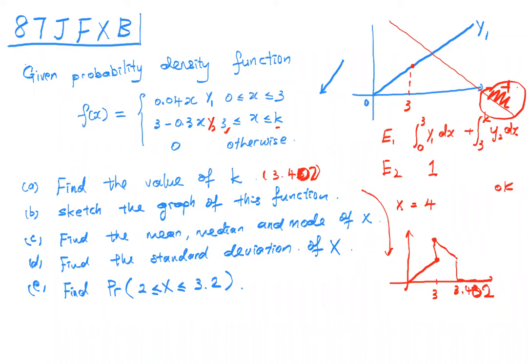So the graph will look like this. And you mark the highest point here with the coordinates. The actual graph that you sketch should go in this way. So this one is right at the bottom here.